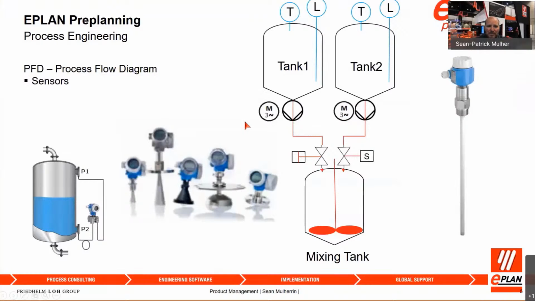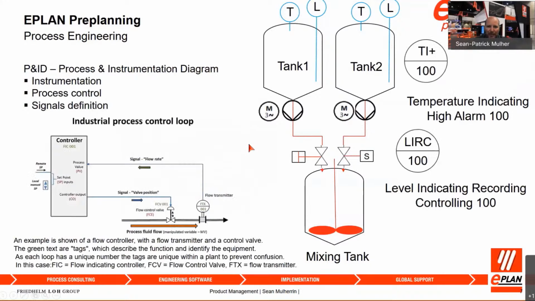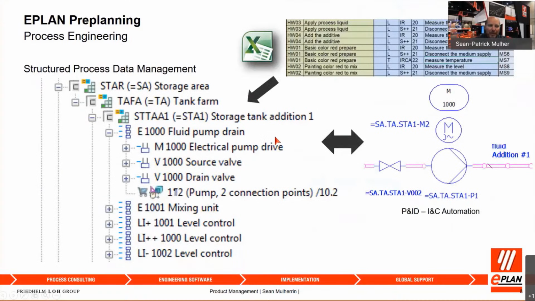And once those items have been captured, you can also use pre-planning to tie them all into instrumentation devices. So linking the actuators, so the pumps or the valves, with the temperature sensors or the pressure sensors in any given device to make sure that the process is correct. The huge benefit of pre-planning is not only can you capture your graphical information in the design, so while you're creating your P&IDs, you capture information, but on top of that, you can structure that data within pre-planning.